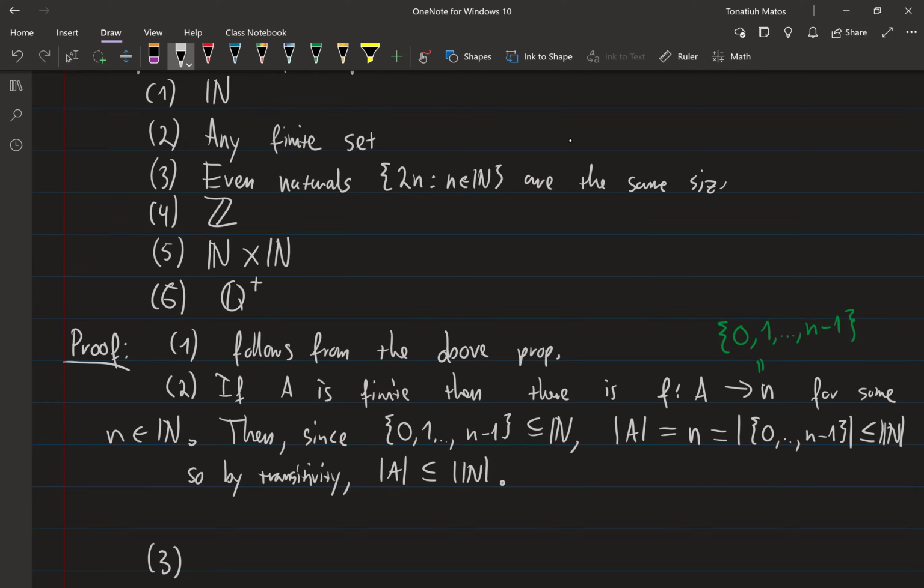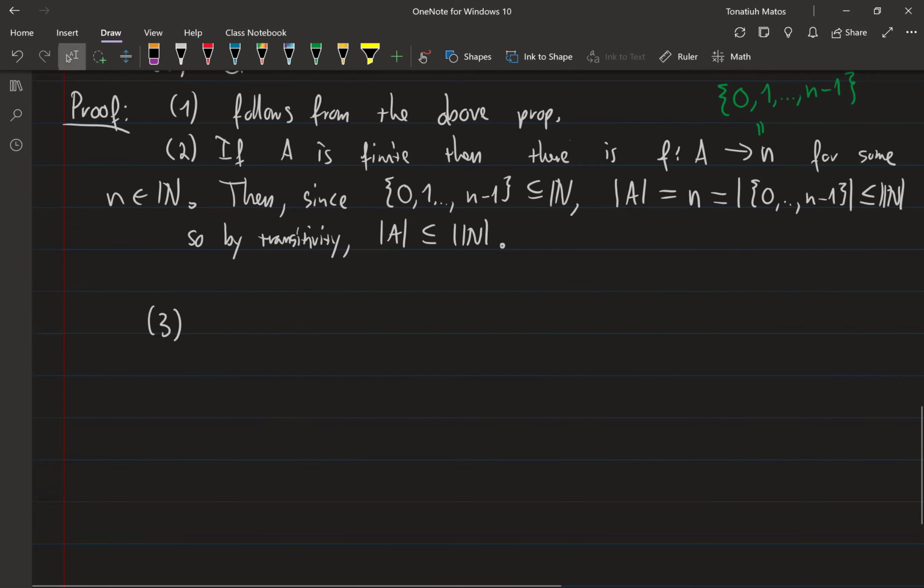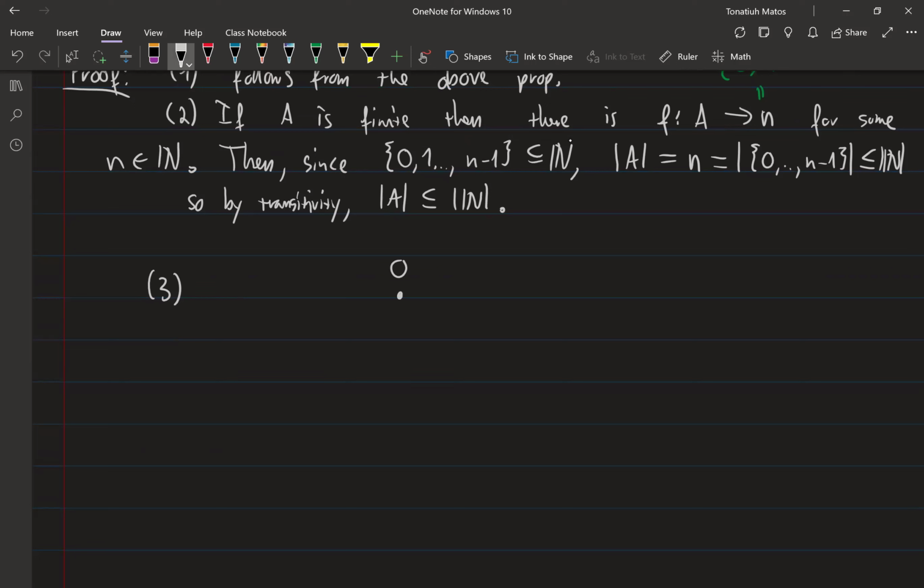This is obviously countable because it's a subset, but of course we can say more, right? Same size as the naturals. So why are the even naturals the same size? This is counterintuitive. On the one hand, we have the natural numbers, and on the other hand, we're skipping one every other, right? 0, 2. Why would these be the same amount? Shouldn't there be half as many even numbers?